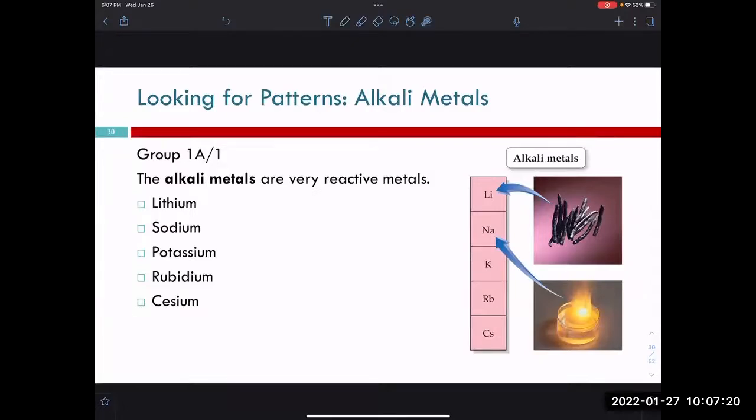These have special names because they have patterns in their properties. The alkali metals are all very reactive. If you take pure lithium and dump it in water, it will explode. Actually, it'll burn. They get more reactive as you go down, so cesium is the most reactive and lithium is the least reactive.